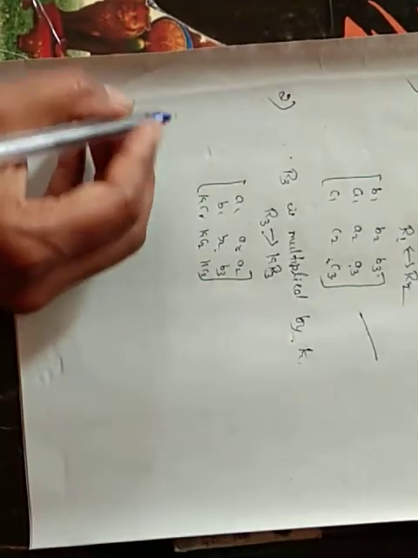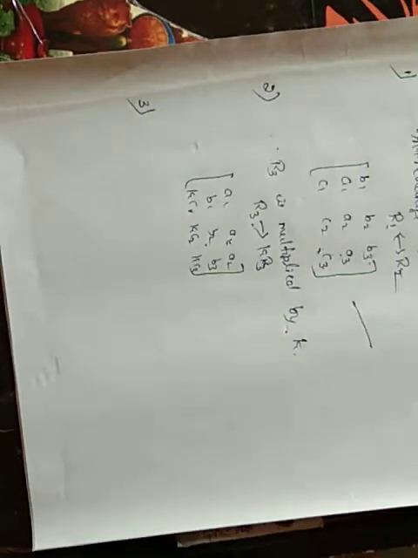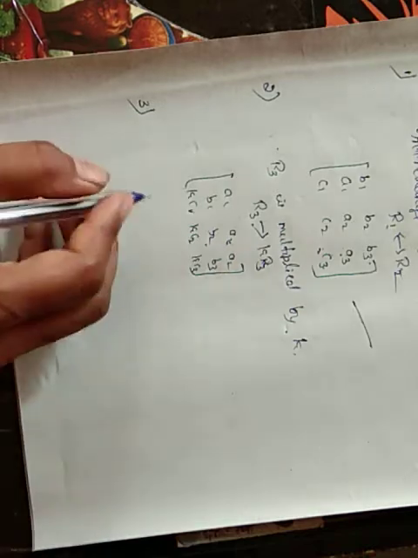Now come to the third rule. Addition of any row to a constant multiple of another row. Any row can be added to another row which is multiplied by some constant.